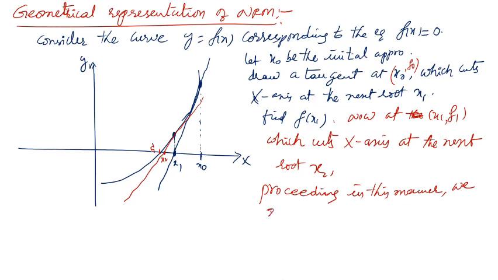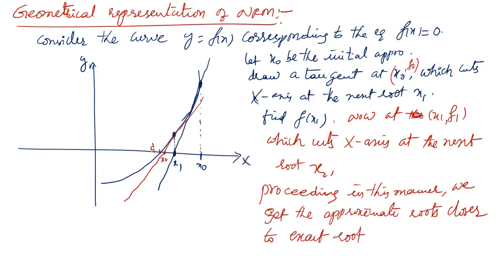Proceeding in this manner, we get approximate roots closer to the exact root. This is the geometrical representation of the Newton Raphson method. First consider the curve, take the initial approximation x naught and find f of x naught.